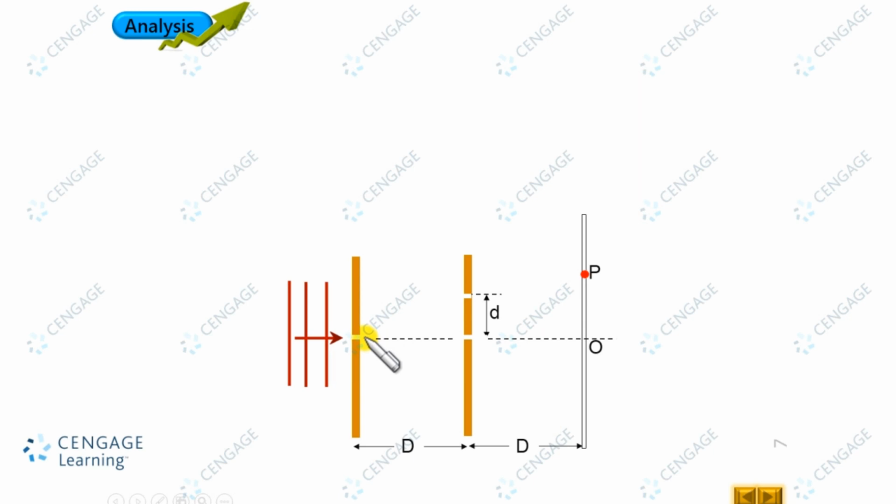Now one wave will reach like this. Suppose this distance is x. One wave will reach at point P like this, and the second wave from here to here, then finally at point P. This should be the path difference, that is this plus this minus this one. And here we need to find the next bright fringe. And we can observe here as we move in the upward direction, path difference decreases.